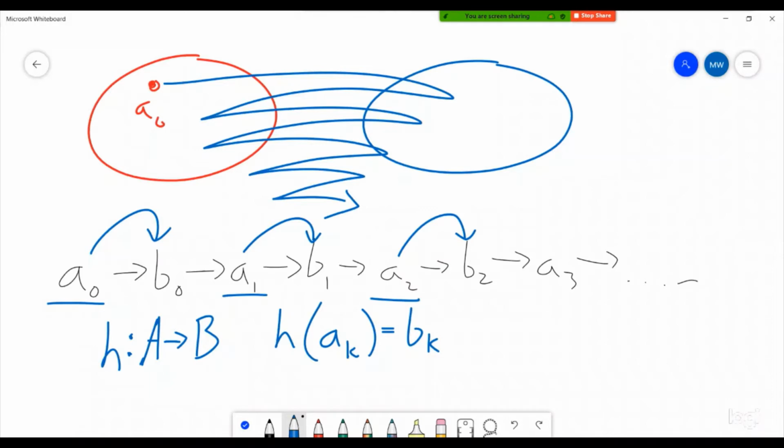Now, the question is, how did we get those B's from our chain? The way that we were going is, if we are traveling from A to B, that is using the function f. But if we're going backwards from B to A, then we're using the function g.